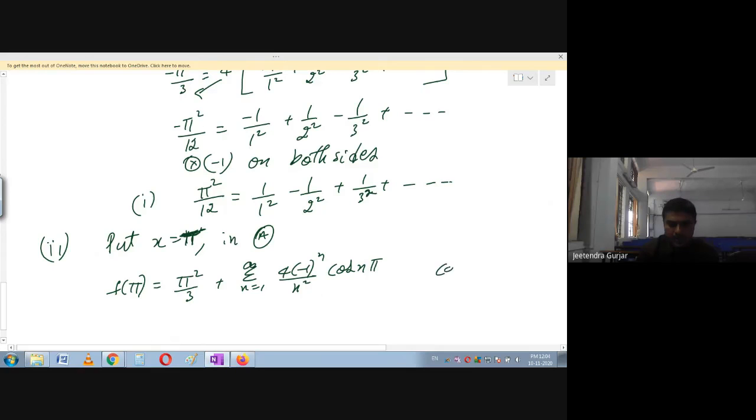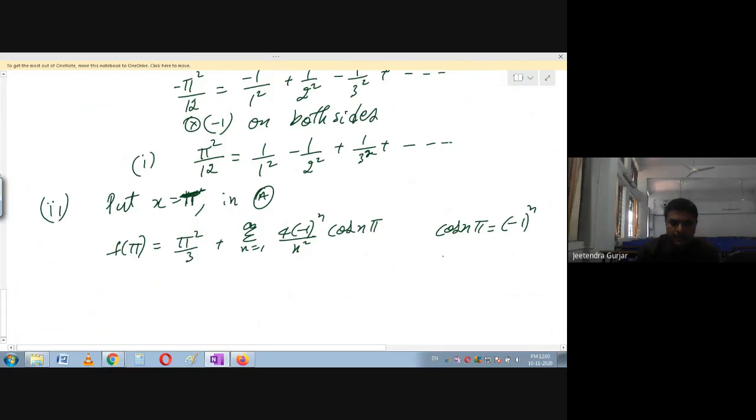You should remember that cos nπ, we have already substituted as (−1)^n, students. So when you substitute (−1)^n, and simplify, I can see (−1)^n here and another (−1)^n, so there are 2n, therefore (−1)^(2n).